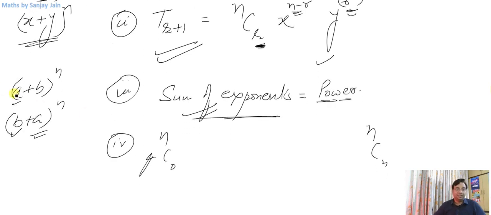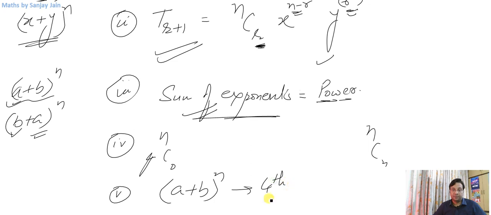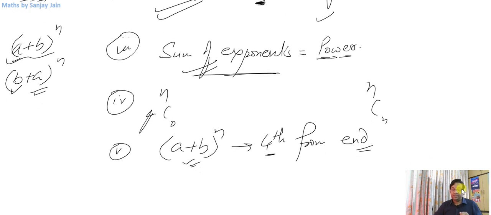Sometimes this is a question that is asked: if I say the fourth term from the end of this binomial expansion, I want to find it. What it means is that I am opening this expression starting with a raised to power n and then going like this.